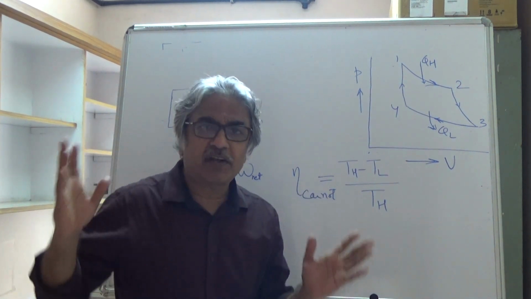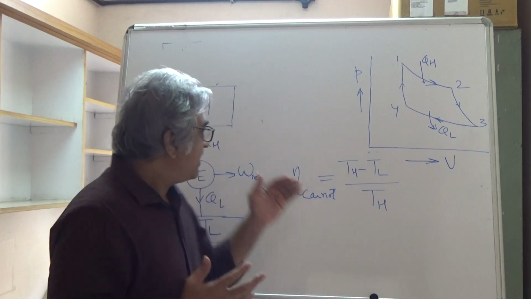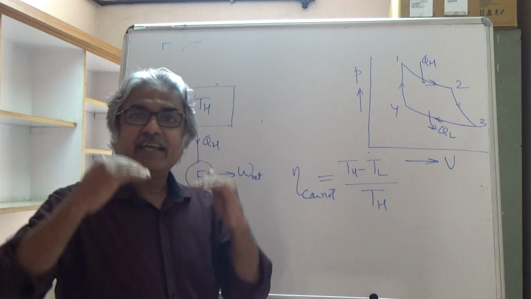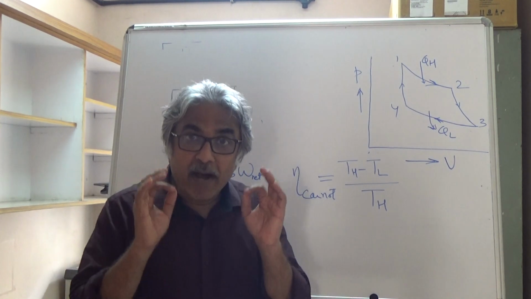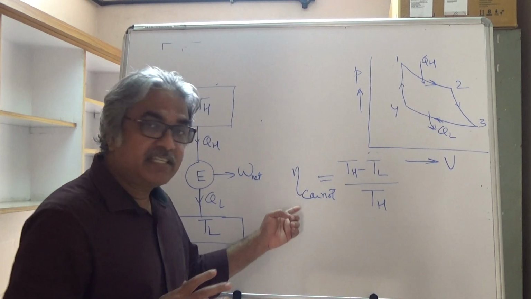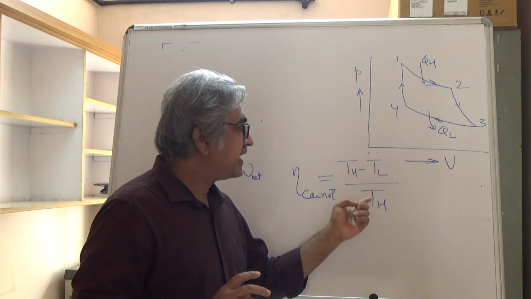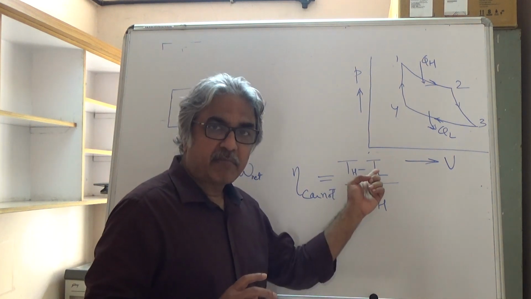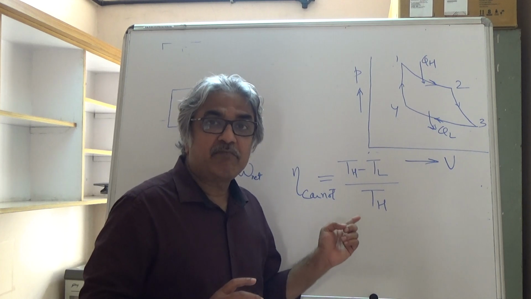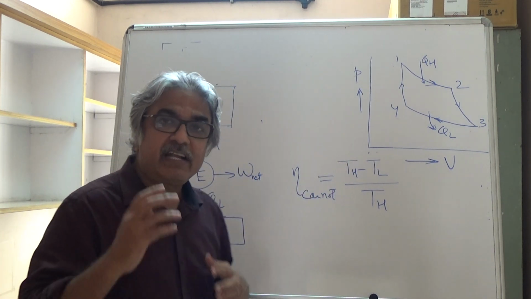That means even if it is not a Carnot engine, the efficiency expression is heat supplied minus heat rejected, that is W net, upon heat supplied, that is QH. But if it is a Carnot engine, then efficiency can also be written as TH minus TL upon TH. This expression can be used only for a Carnot engine, and it will tell you something.